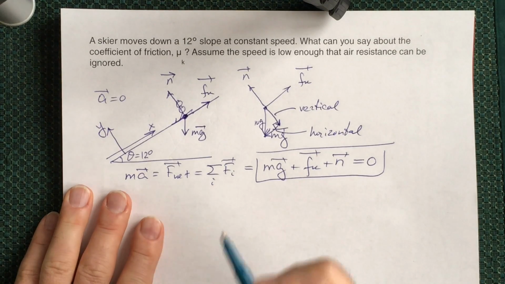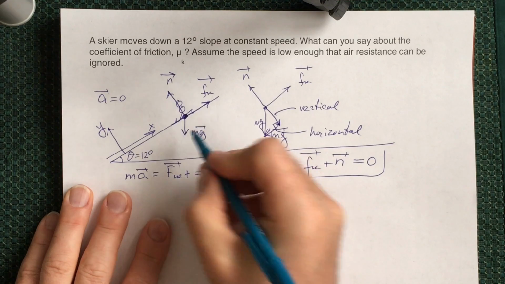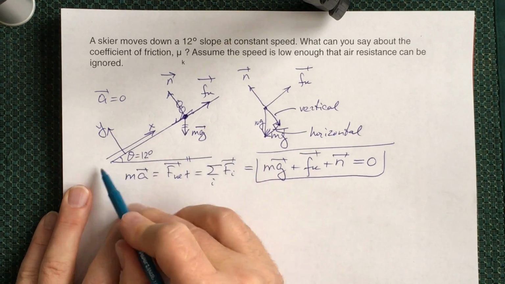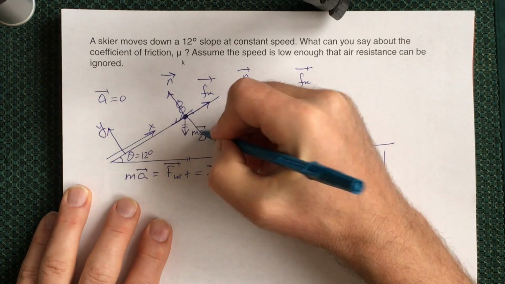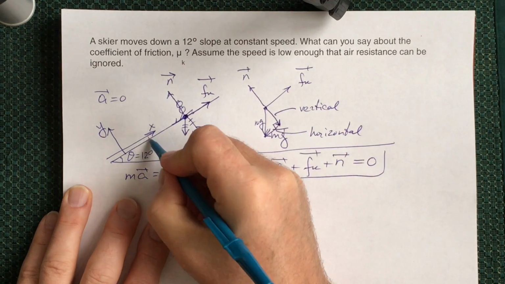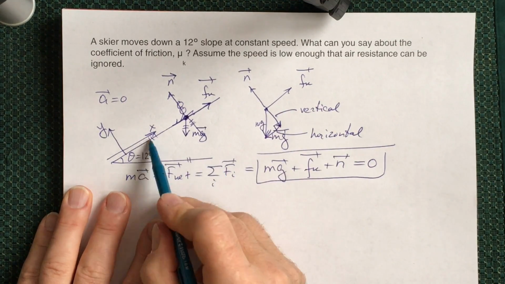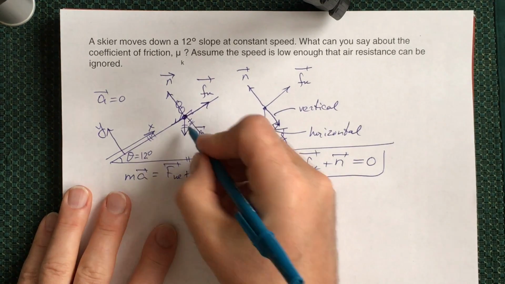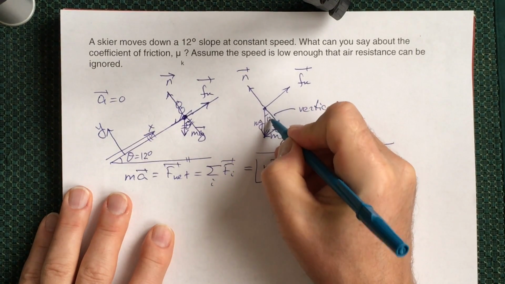Now, if you look, you see that in this case, mg is perpendicular to the lower side of our inclined angle. This side of the triangle is perpendicular to the inclined plane. So these two sides are perpendicular to these two sides, and it means that the angles between them are the same. So this is the same angle theta. So this is a 12 degrees angle.